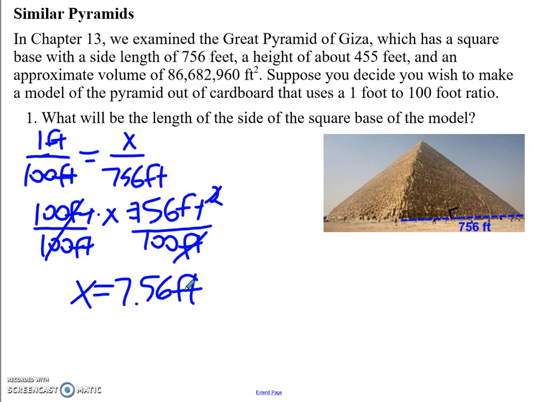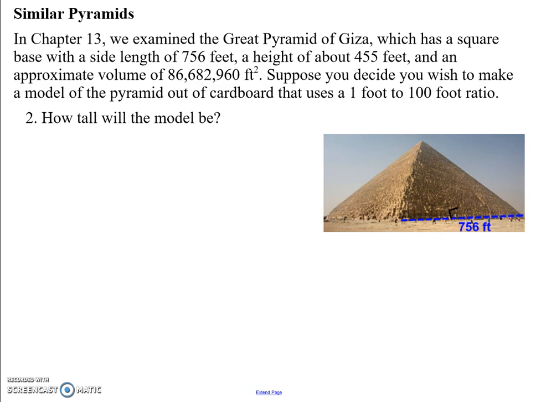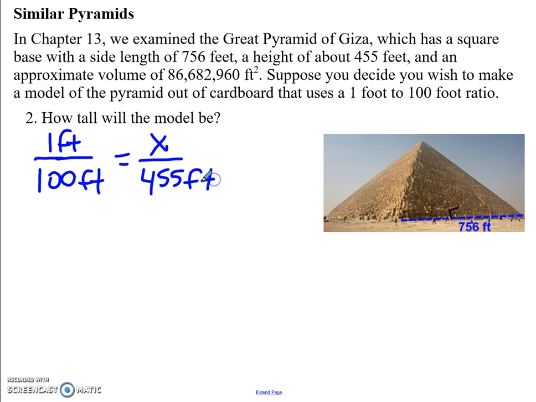long for each side. When I think about how tall, that's also a measure of length. So I would start with the same ratio, that 1 foot to 100 feet. And then I would say that I don't know how tall I want to make it, but I do know that it was 455 feet tall.